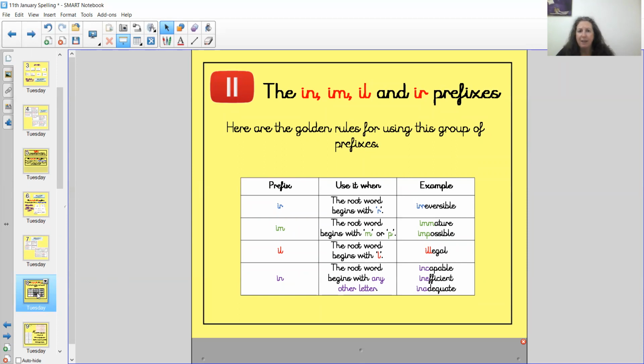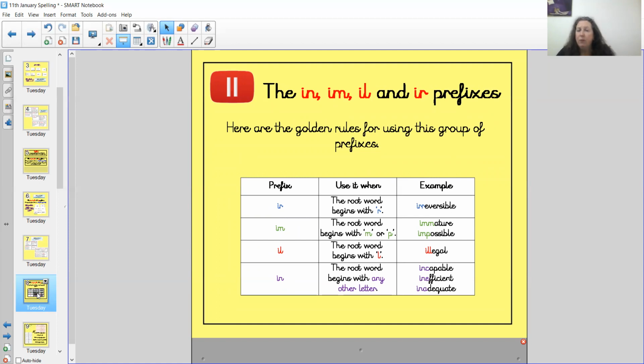For example, if you are adding ir, that's your prefix, you add that to root words that begin with an R. For example, reversible becomes irreversible. If you are adding the prefix im to a word, you add it to a root word if it begins with M or P. For example, mature is immature, possible is impossible.